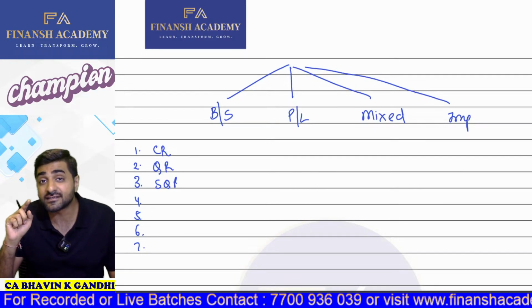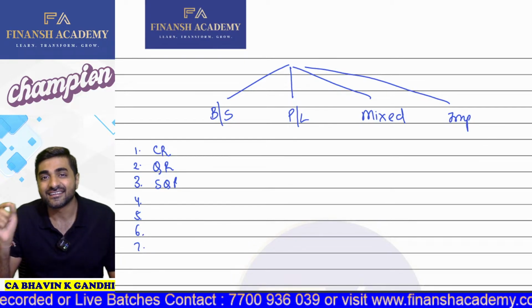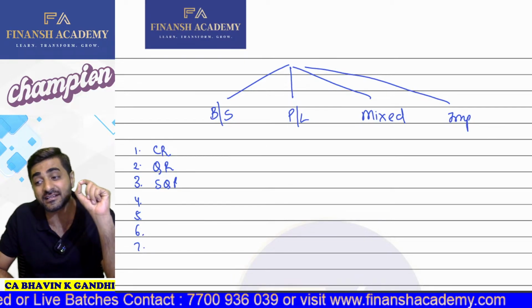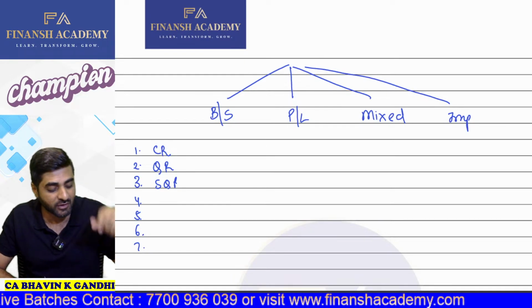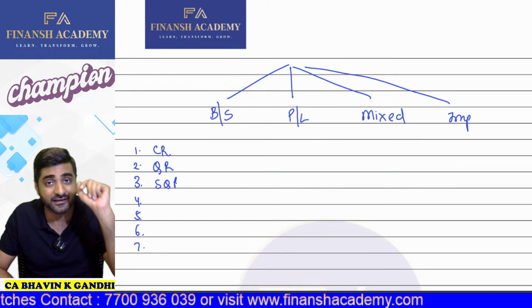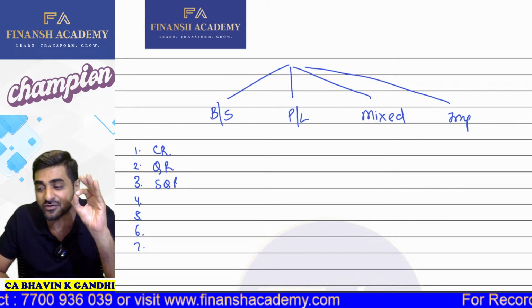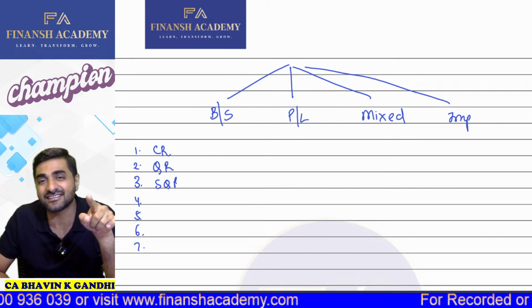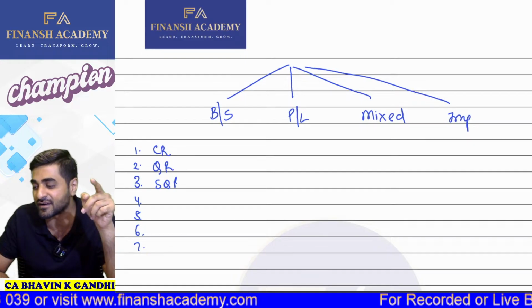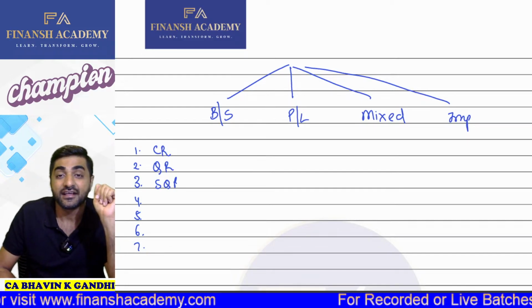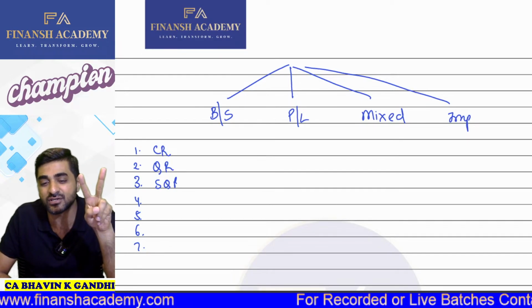Correct? If this ratio is higher, then we will always say that it is better for the particular company, because higher the current ratio, better it is. But then I also explained one disadvantage for the same. If this ratio is extremely high, then can I say there is inefficiency in utilization of the funds? Come on, yes or no? Yes, sir.